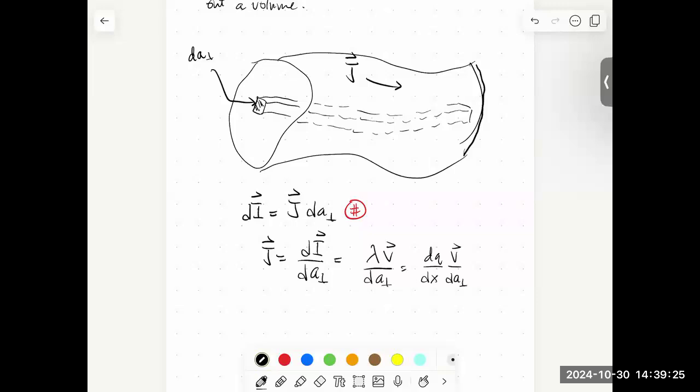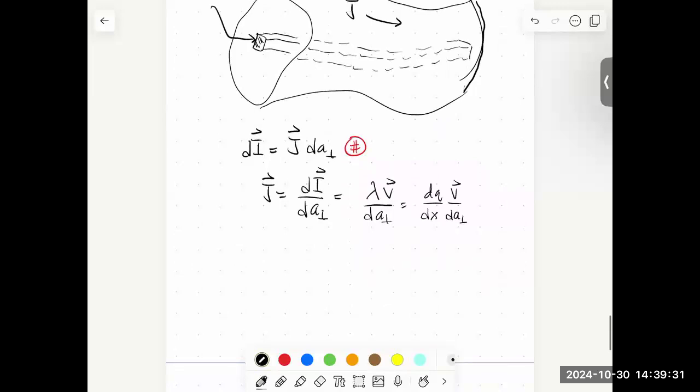If I have dA perpendicular and I take a small step, I define some volume. And so this is dq/dτ times the velocity, where dτ is equal to dA perpendicular dx, an infinitesimal volume.